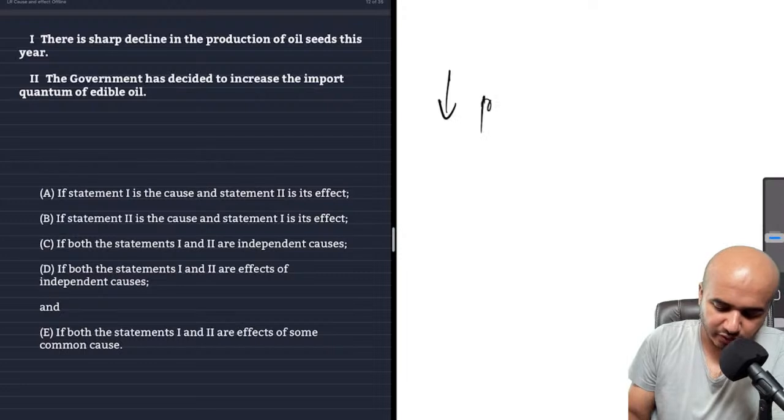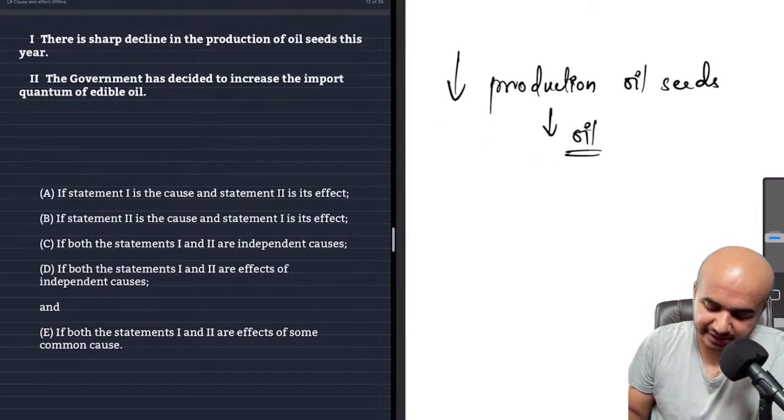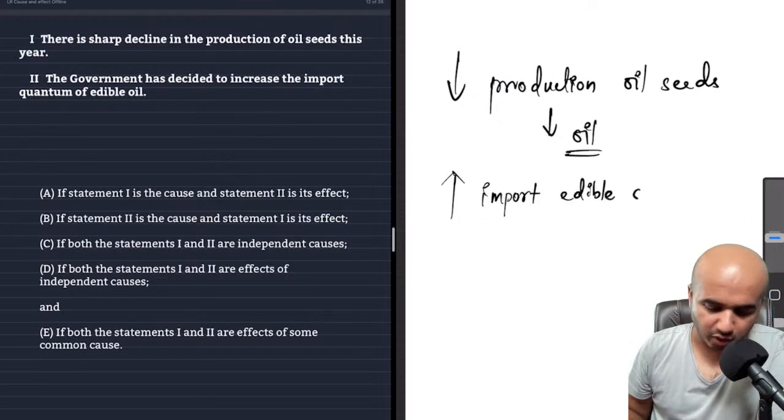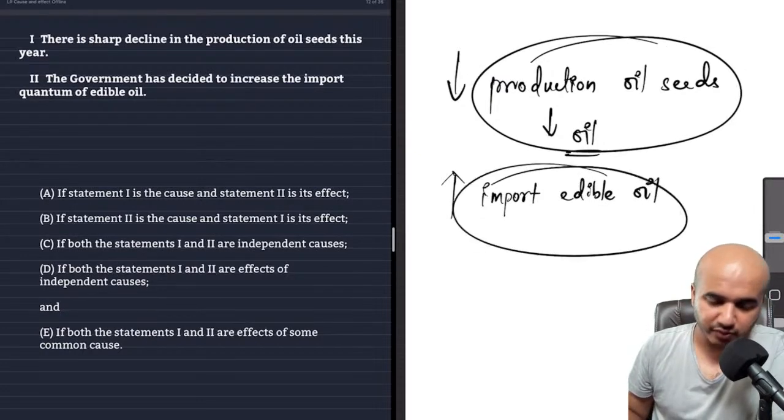So if the production of oil seeds has seen a sharp decline, obviously we won't be able to manufacture enough oil for ourselves. So therefore what the government did was they increased the import of oil, that is edible oil. So because there was sharp decline in the production of oil seeds, the government imported huge quantities of edible oil.